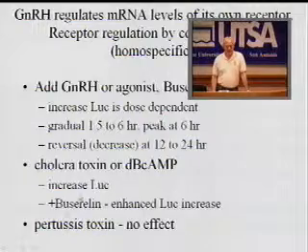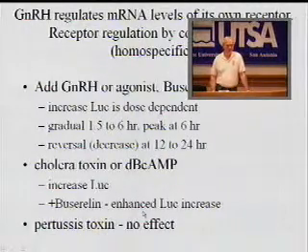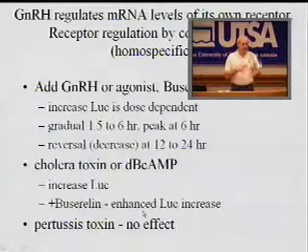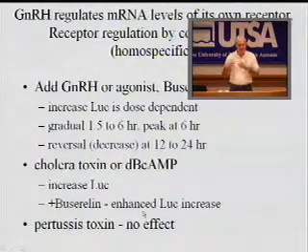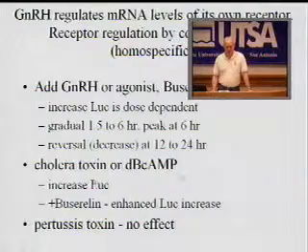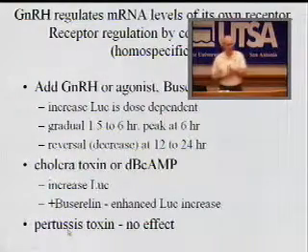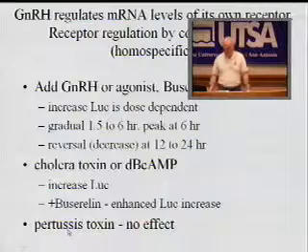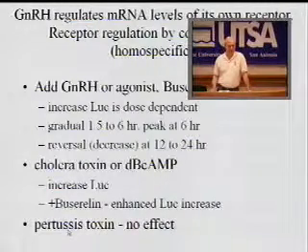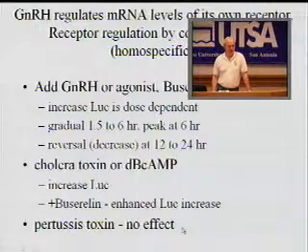If you combine those with the buserelin, then you can get an increase. So it implicates that the receptor is working through these similar systems. With Pertussis toxin, which activates the PLC, our other standard candidate second messenger system, the PLC with the IP3 and the DAG, there was no effect on the expression of the reporter.